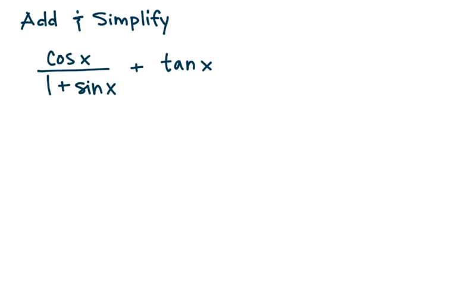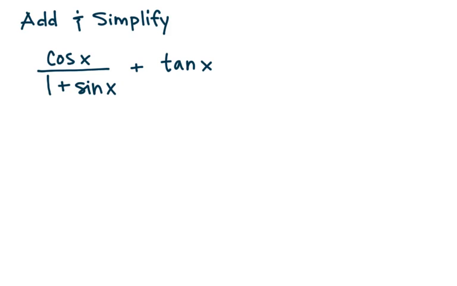So in our second example in this video, where we look at simplifying trig expressions, we're going to add first and then simplify. So what I'm given is cosine x divided by 1 plus sine of x plus tangent x. We want to add these together.